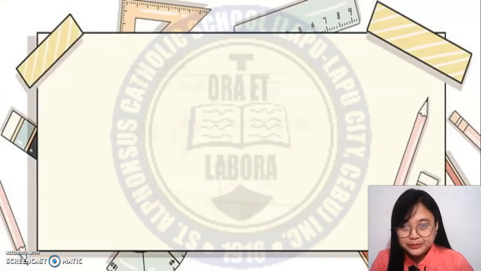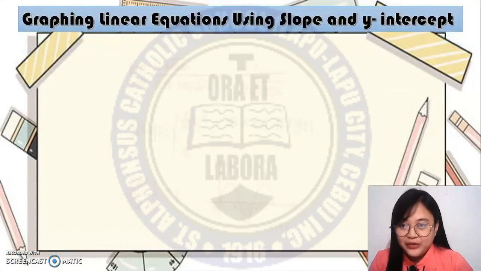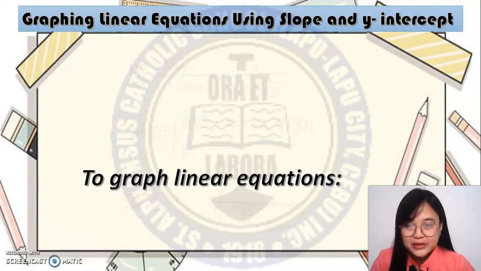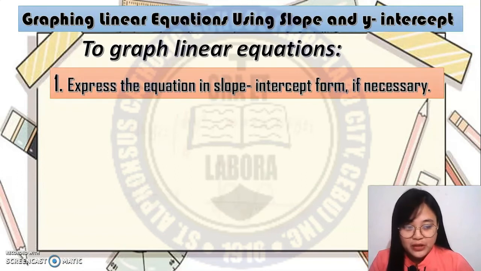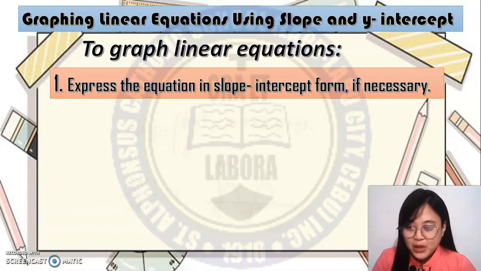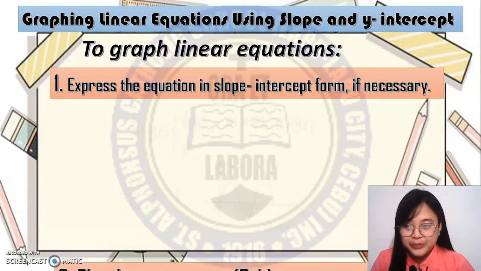Okay. Now let's have an example. Graphing linear equations using slope and y-intercept. These are the steps. To graph a linear equation using the slope and y-intercept method, we need to follow these. Step 1: Express the equation in slope-intercept form if necessary.